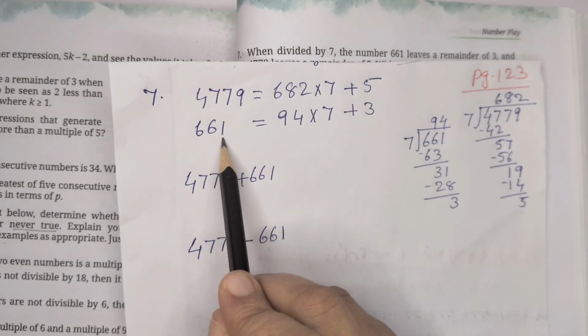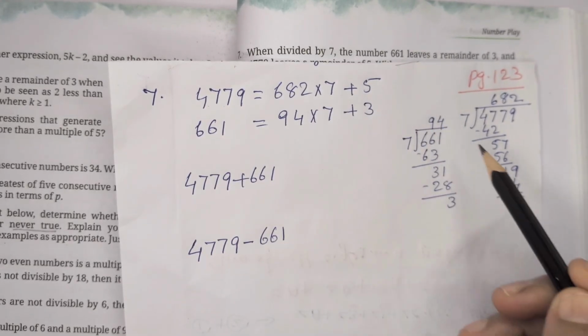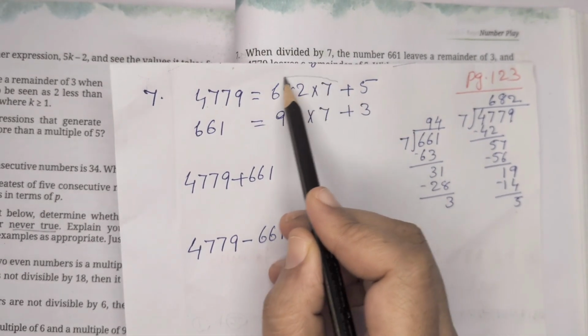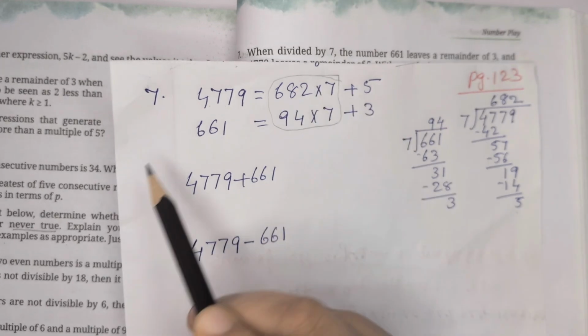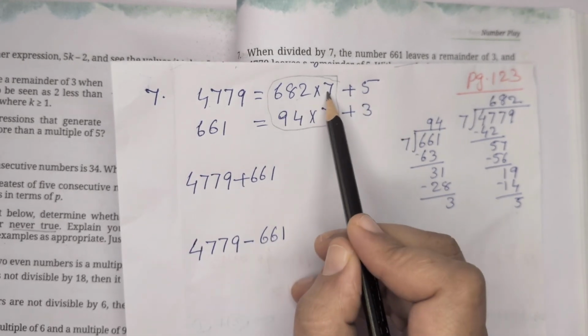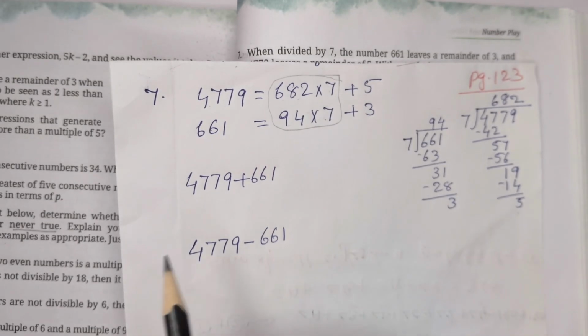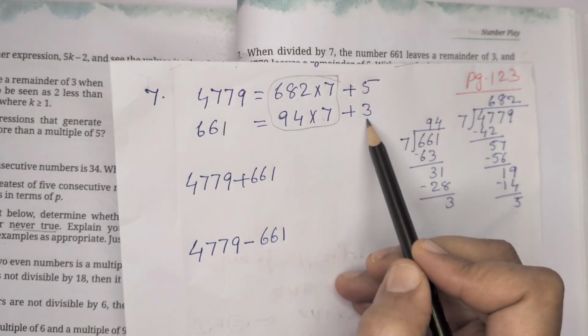And here 661, we will get 94. So without calculating, we know that these numbers are divisible by 7. 682 into 7, 94 into 7, whatever that is, is divisible by 7. And these are the remainders.